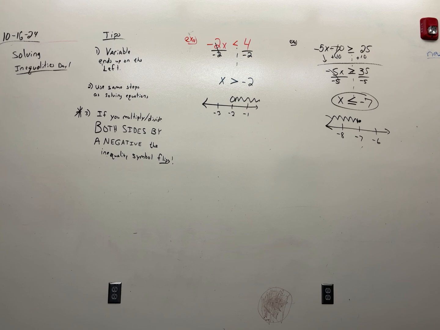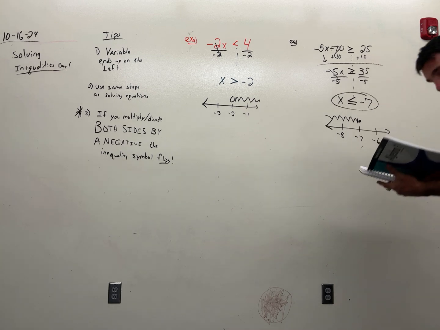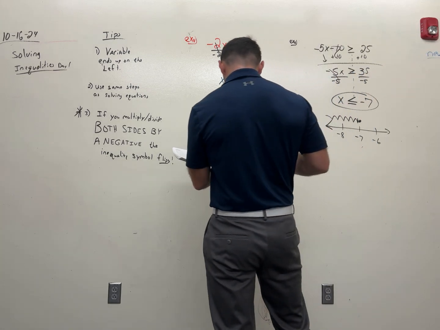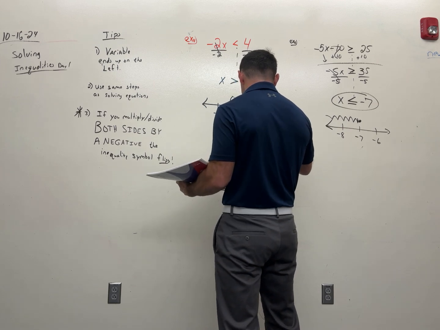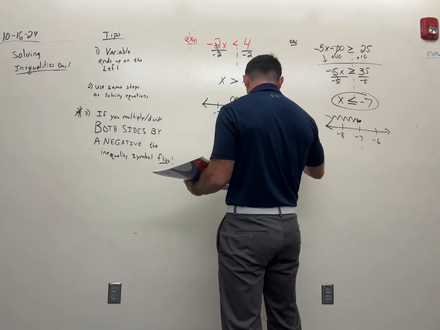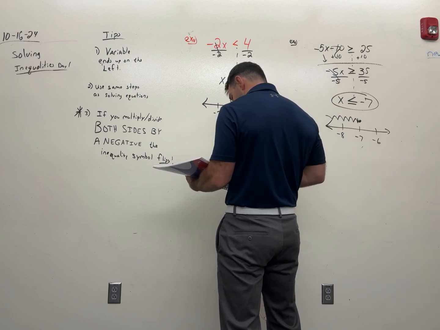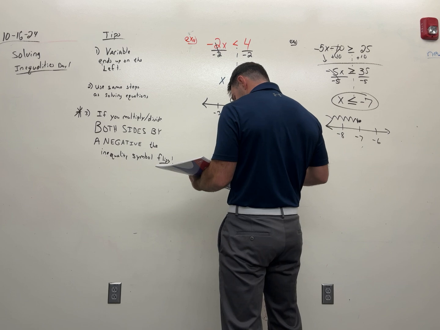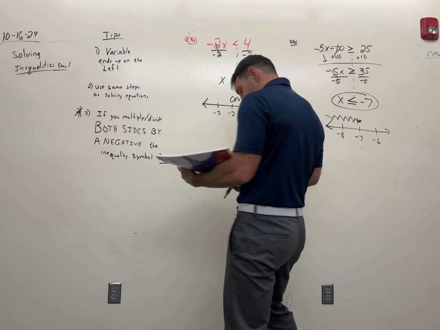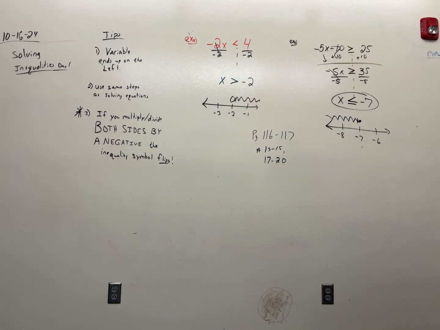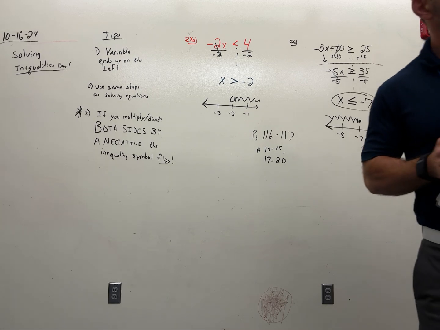I would like you to do numbers 13 through 15 and 17 through 20. I'll write them on the board. We should do them on the board. Not today. The answers are in this book right here. Okay? You can work together. Give them a try. Go ahead.